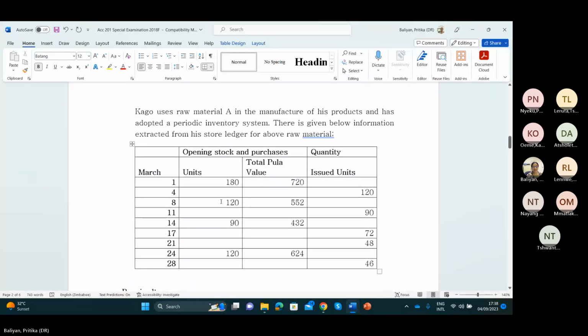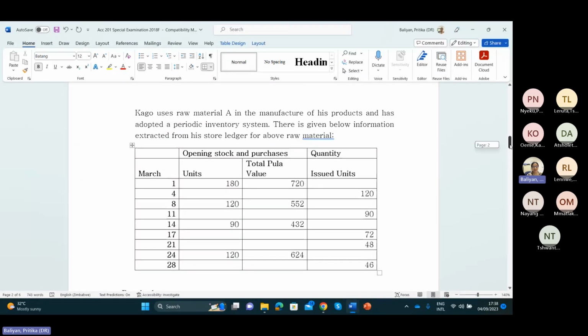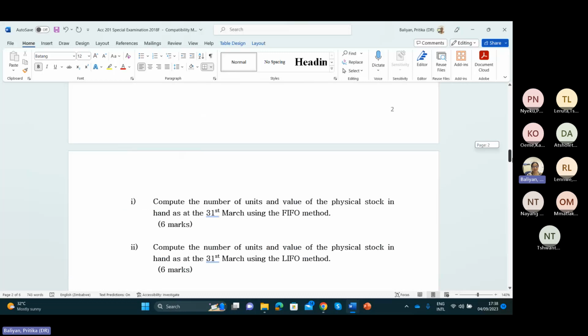Then on the 4th, he issued 120 units out of 180. On 8th March, he bought again 120 units at the rate of 552. On the 11th, he issued 90 units. On the 14th, again 90 units were purchased at 432. On the 17th, he issued 72 units, and on the 21st, he issued 48 units. These are the details of purchases and issues of material.